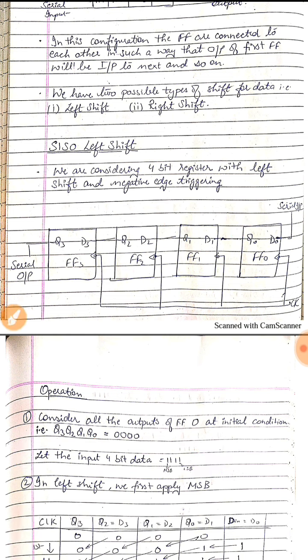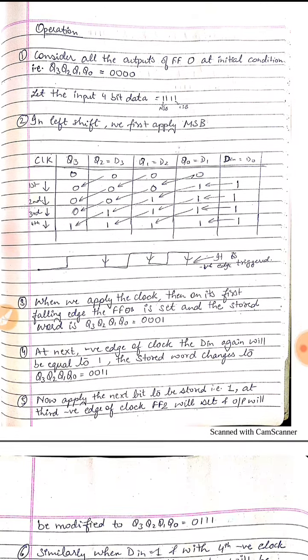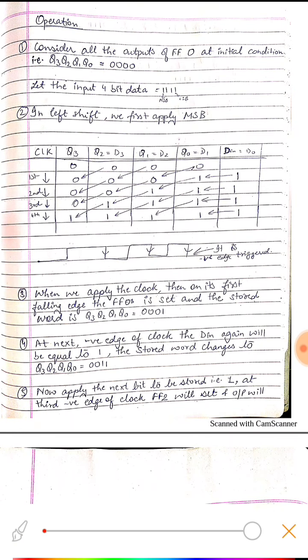So let's see how we can do it. In the left shift, as I have told, the MSB will be entered first. The MSB, that is the leftmost bit, will be fed first to the flip-flop.